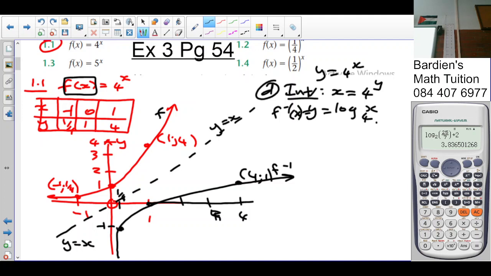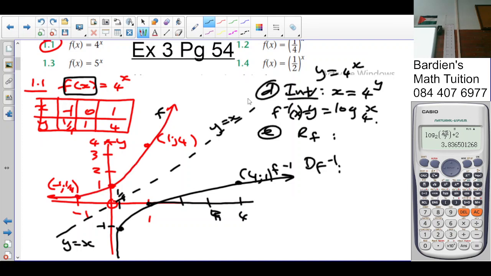That was D. E. Write down the range of f of x and the domain of the inverse function. So you look at the range of f, as you can see here, this graph. Does this f of x exist at negative infinity on your y?